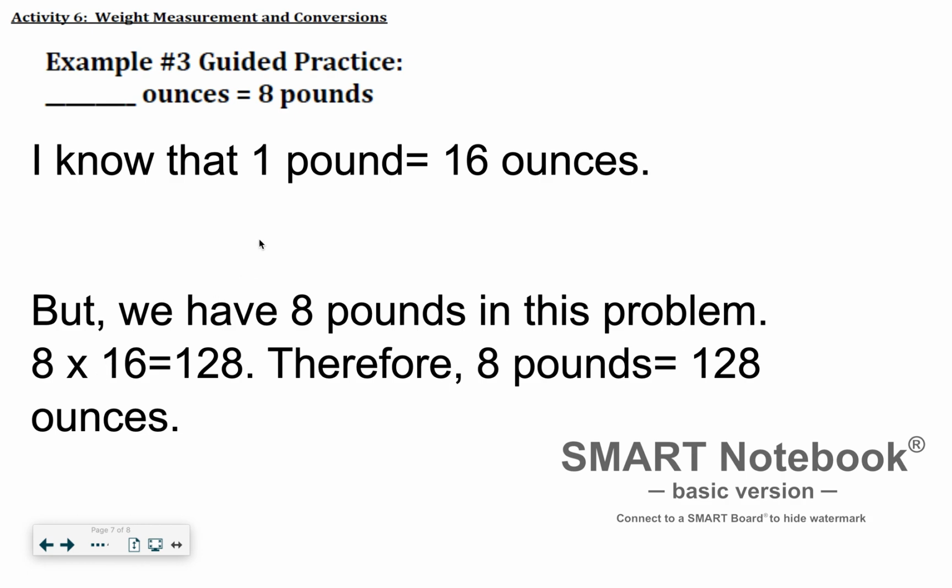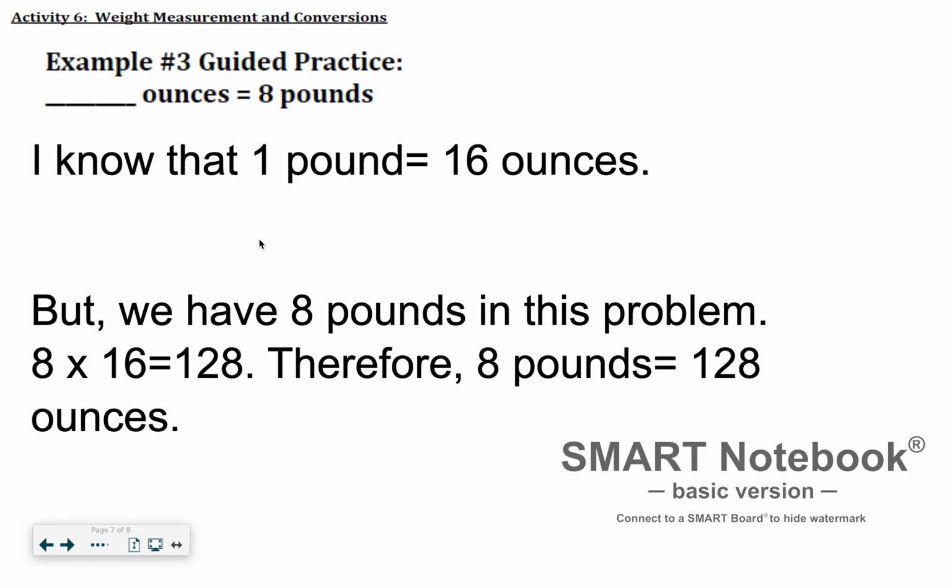Okay, example 3, guided practice. I'm going to slowly release the bar model and try to figure this out just using multiplication. So blank ounces equals 8 pounds. Well, I know that 1 pound equals 16 ounces, but we have 8 pounds in this problem. So I need to do 8 because 8 pounds times 16 ounces equals 128.